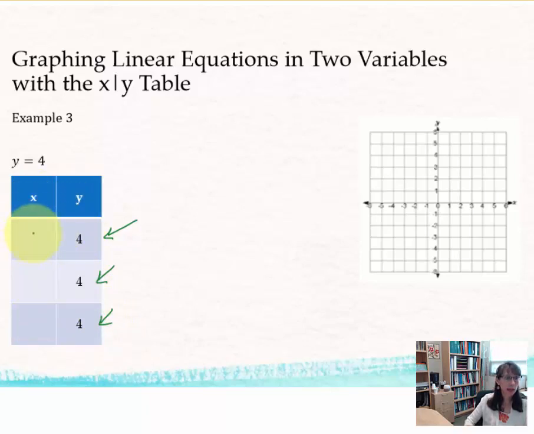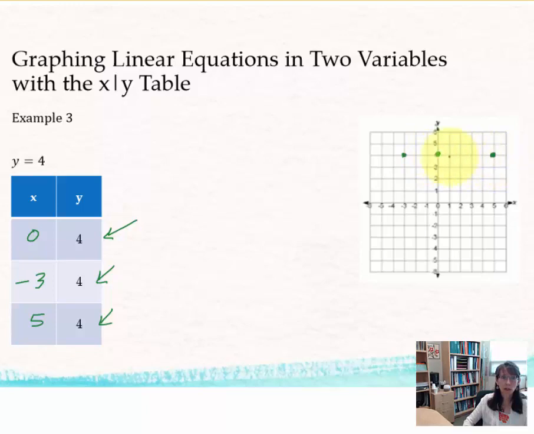So you can choose any value you want for x. I could use 0, I could use negative 3, I could use positive 5. And now I could plot those ordered pairs. 0, 4, negative 3, 4, and 5, 4.